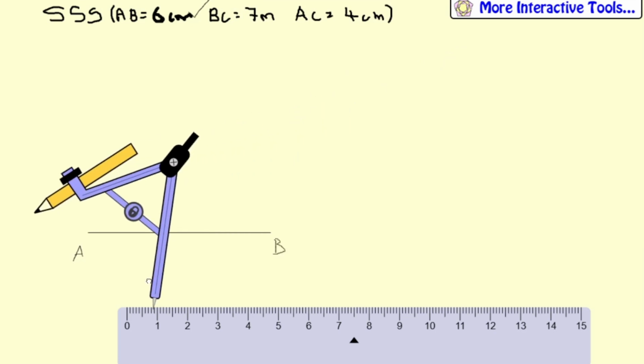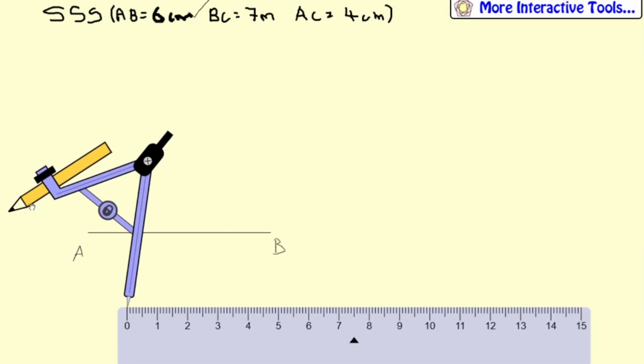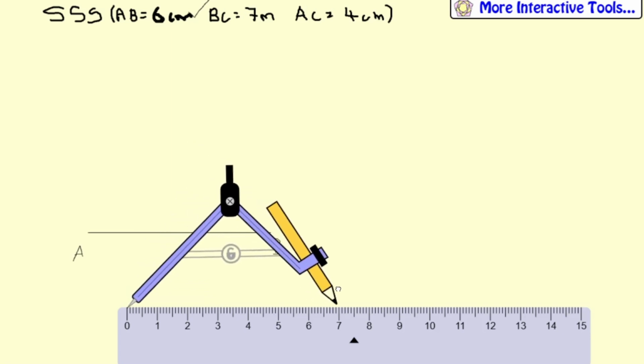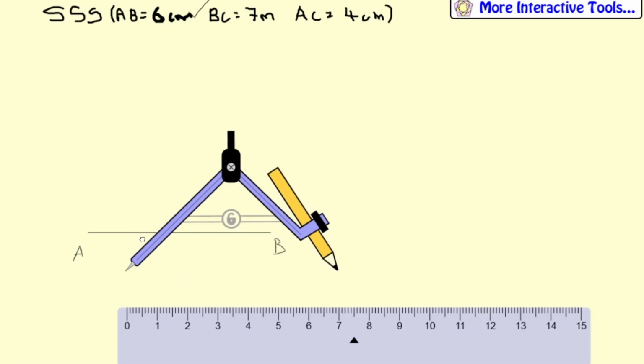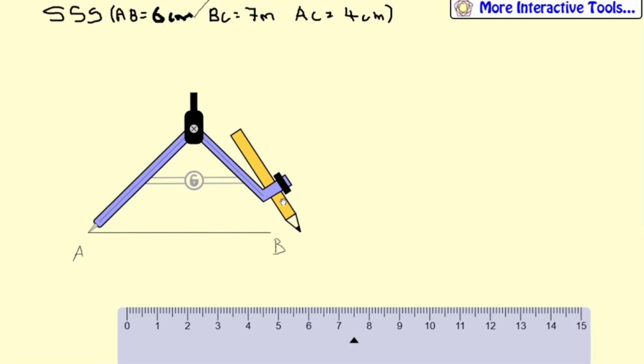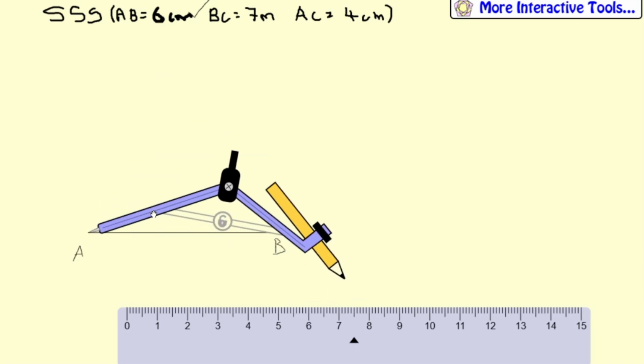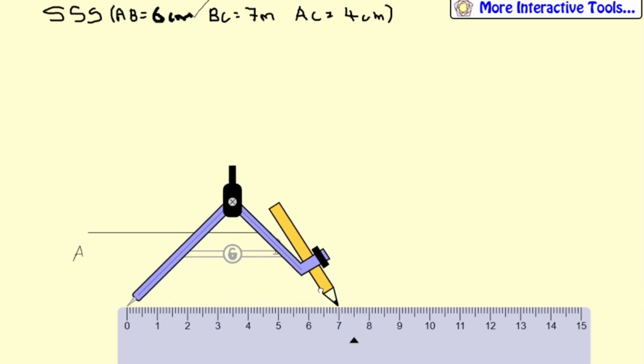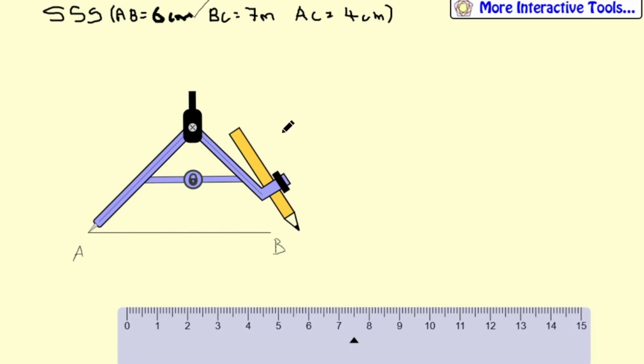Place your compass point at 0, open to 7. All right. Place your point at A. All right, let me fix that because my compass shifted. So 7. Keep the compass there. Place your point at A.